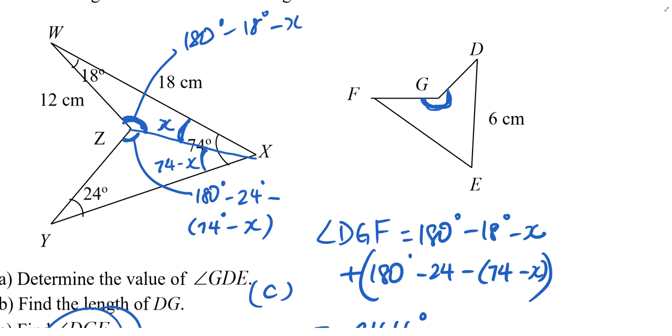So if I want to find these two, I use 180 minus 74 minus 24 minus 18. So I get these two, 180 minus these two minus 8. Oh, but you're getting this angle instead of this one. Yeah. So once you get this angle, right, can you take 360 minus this one, you get 244? I think so. 360 minus 116. Yeah. 360 minus 116, what do you get? 244. Oh, okay, same.